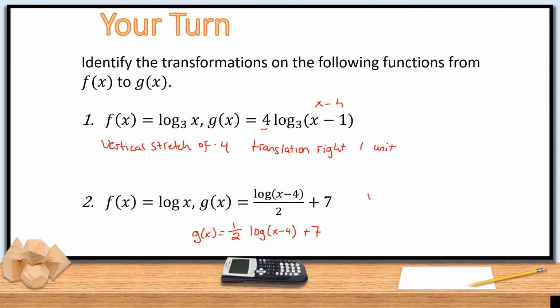So that means we've got a vertical compression of a half. We have x minus h, so h is 4, k is 7, so we got a translation right 4 and up 7.